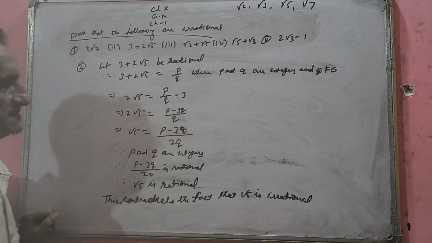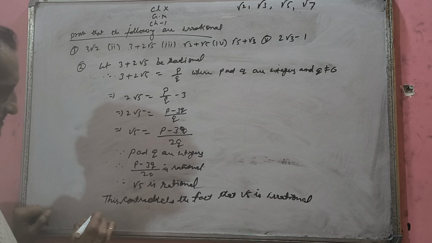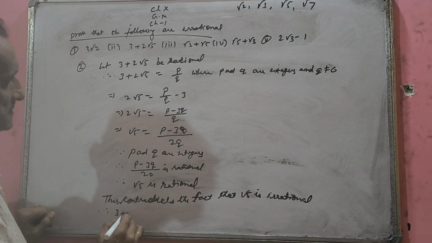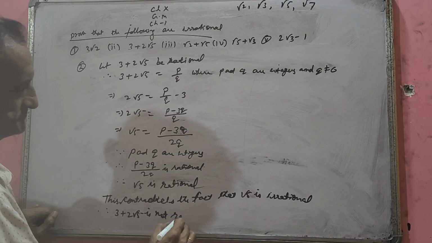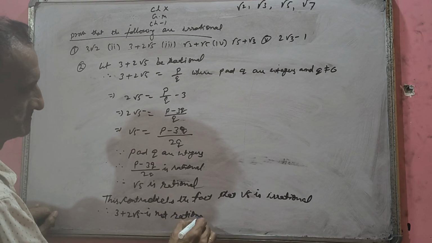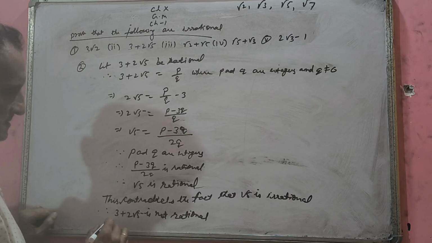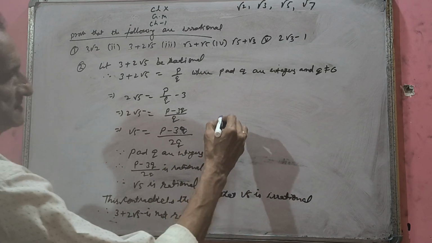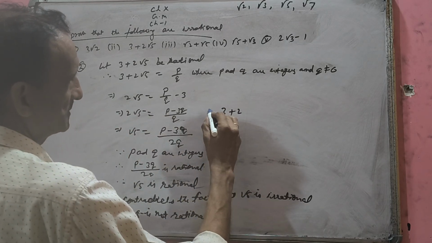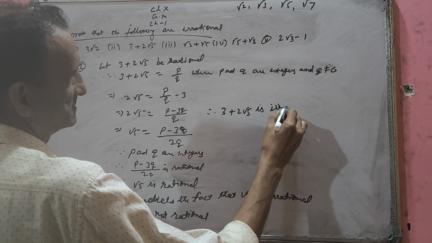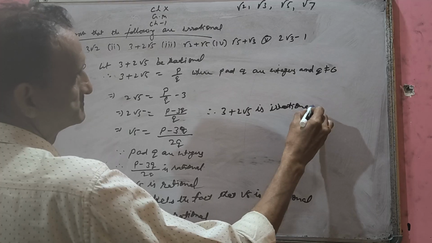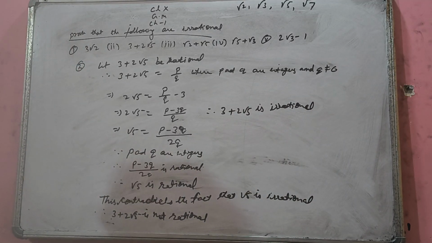This contradiction is because our assumption was not correct. Therefore, 3 plus 2 root 5 is not rational. If not rational, then it is irrational. Clear?